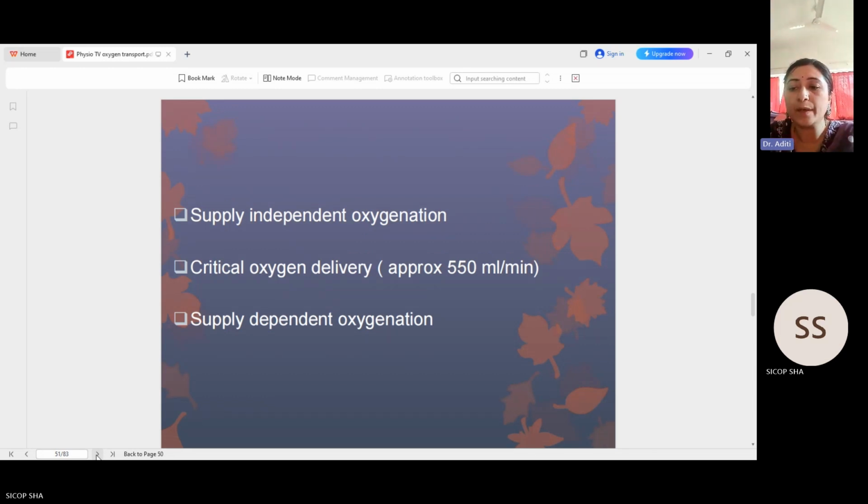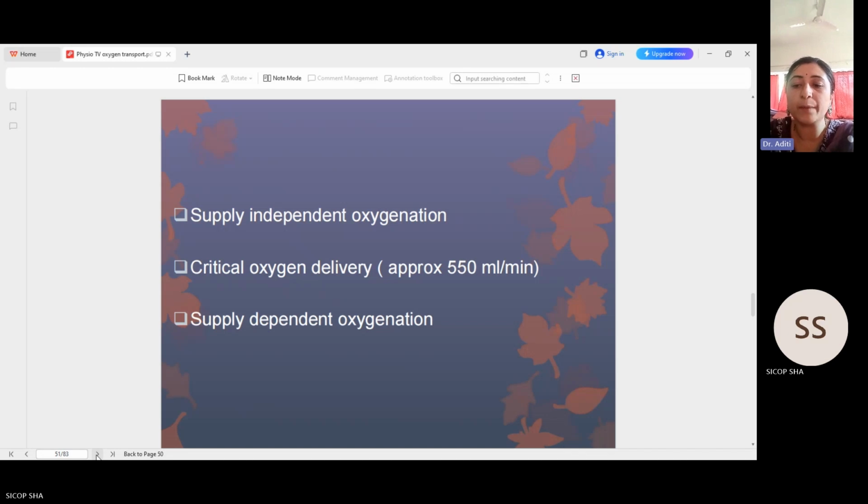Supply independent oxygenation refers to a physiological state where tissue oxygen consumption remains relatively stable, meaning the tissue can maintain its metabolic needs despite a reduction in the oxygen supply. That is why it is called supply independent oxygenation.